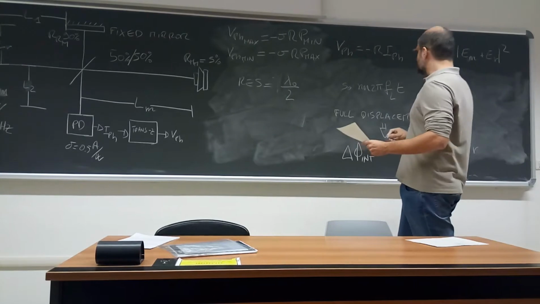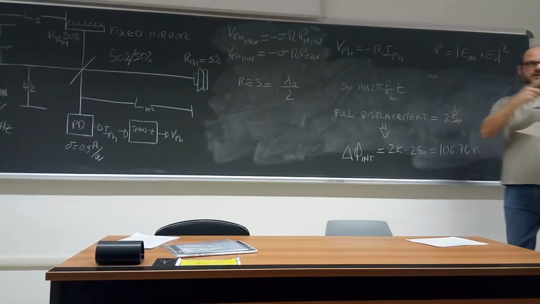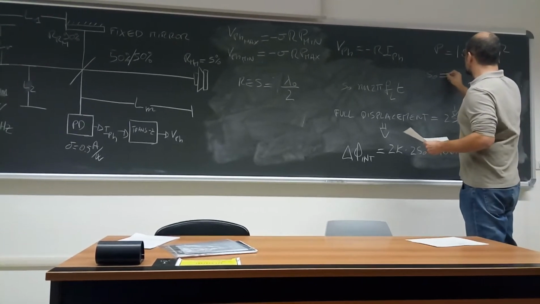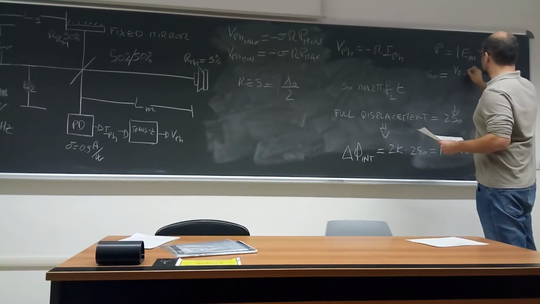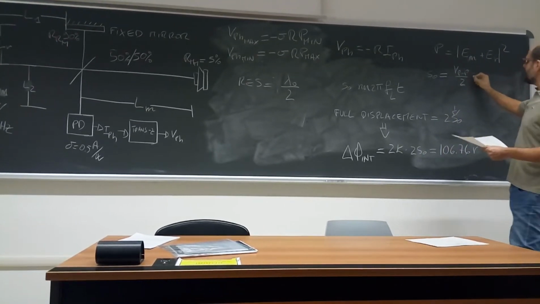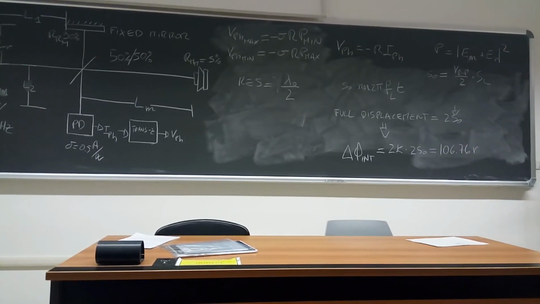Okay? So, what does it mean? That S0, that is the amplitude in displacement of the oscillation of the loudspeaker, is given by what? The peak-to-peak voltage divided by 2, never forget this, multiplied by the sensitivity of the loudspeaker.